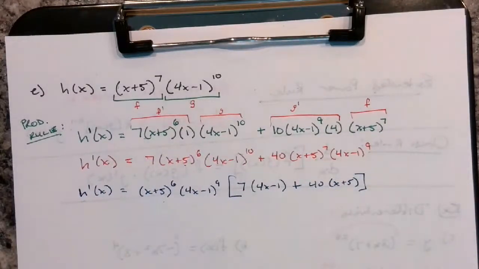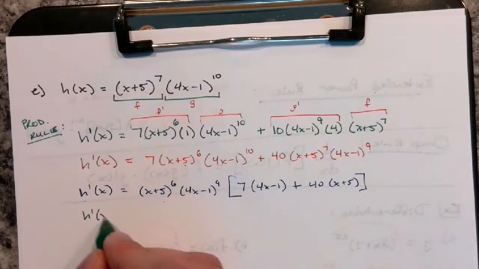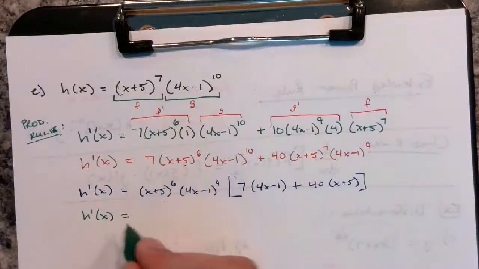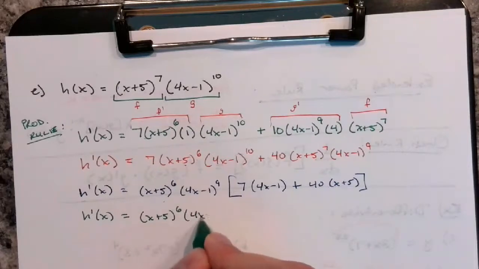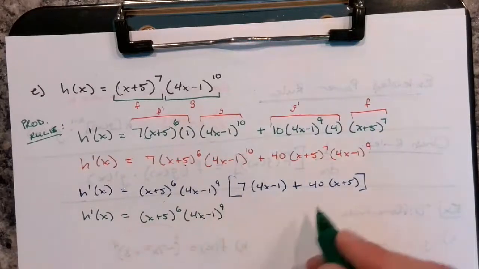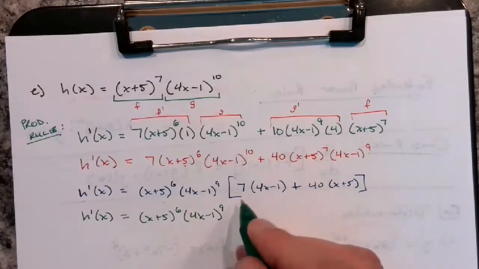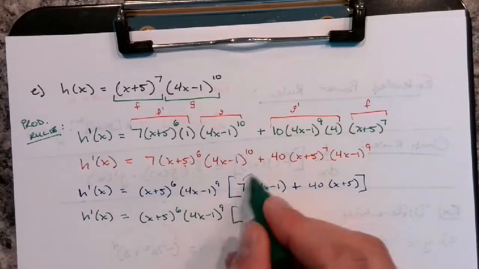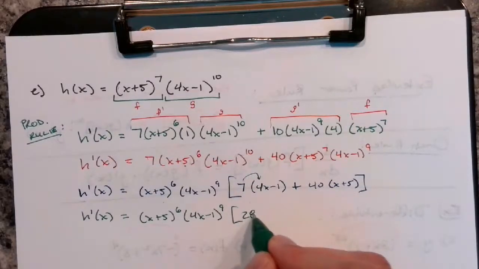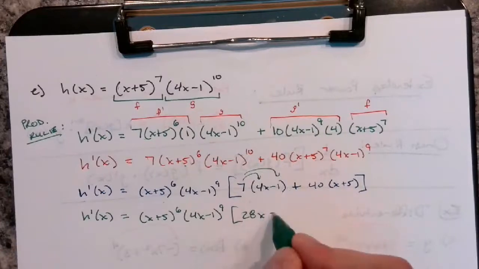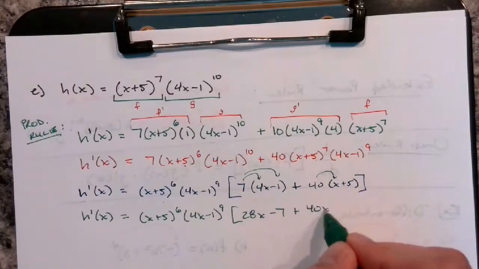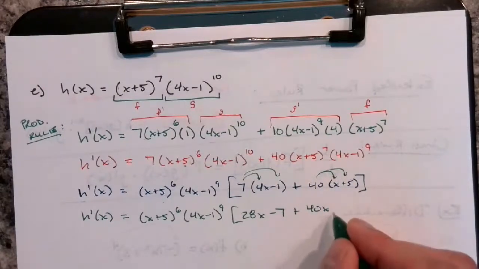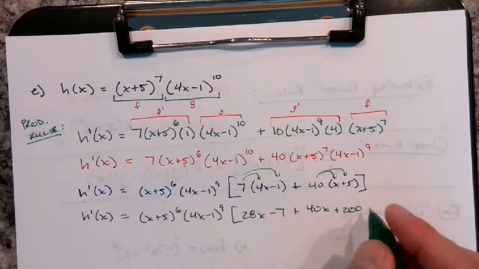And then what we'll do is we will simplify within these brackets. So you have (x plus 5) to the 6th times (4x minus 1) to the 9th. And then simplifying within the brackets, 7 times 4x is 28x. 7 times a negative 1 is minus 7. Plus 40 times x is 40x. 40 times 5 will be plus 200.